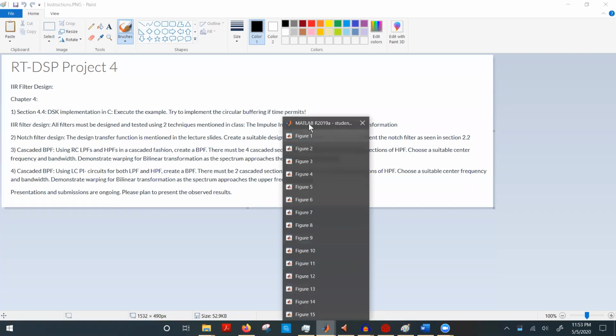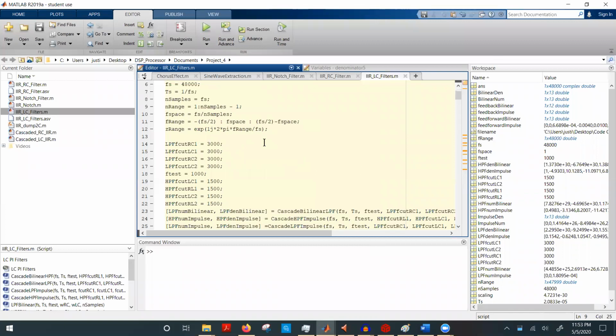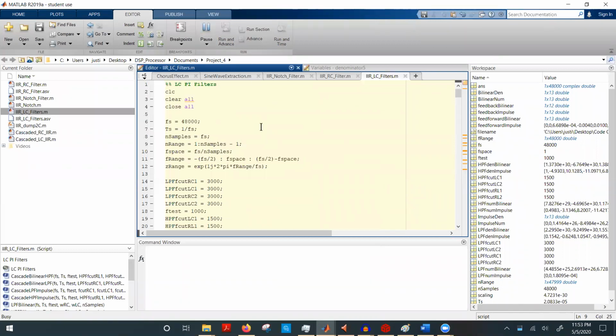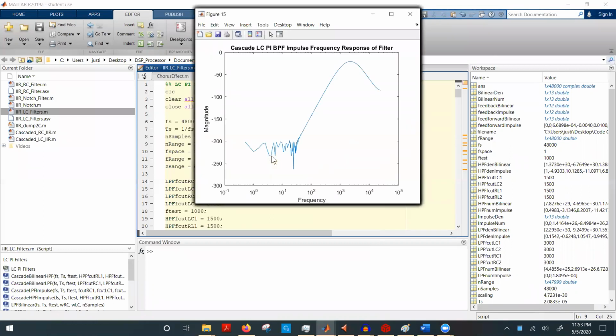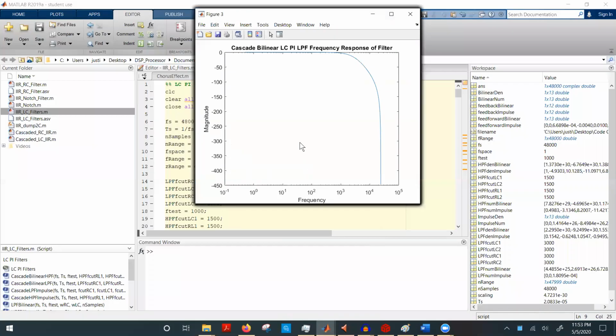But I want to go back into MATLAB and do a more in-depth analysis on each of these filters, just like how I went back and did an in-depth analysis in MATLAB for the RC Pi filters. So we're going to start off with the cascaded bilinear LC Pi low pass filter. I set the cutoff frequency to 3000.